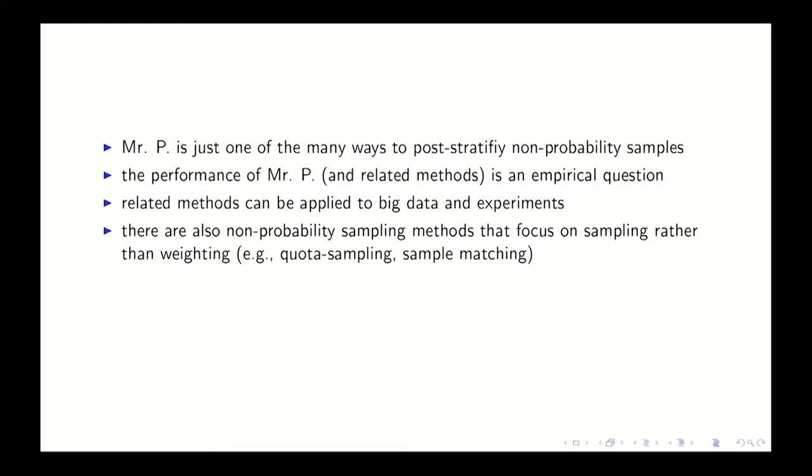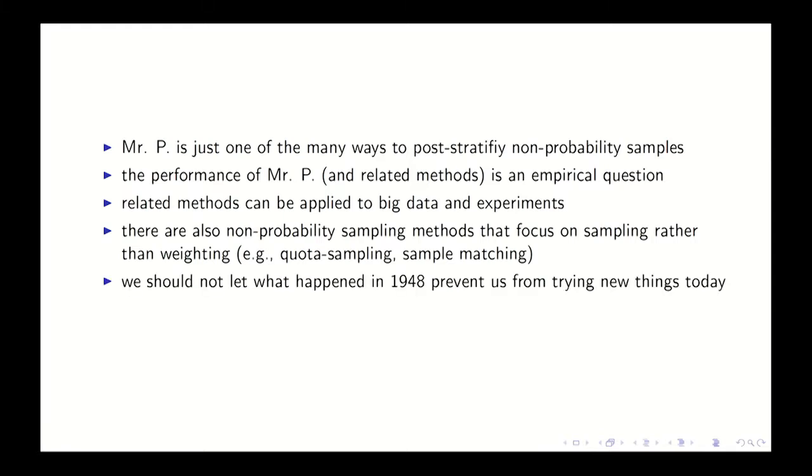One of these is quota sampling, which is actually a very old technique. There are more modern variations of it. Another is sample matching. A lot of these online panels that you may have used before, like YouGov, use a version of sample matching, and they use a version of these weighting techniques as well. And we shouldn't let what happened in 1948 prevent us from trying new things today. I think that last point should be uncontroversial.